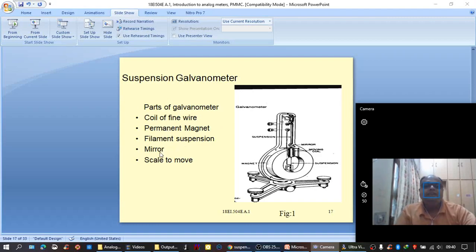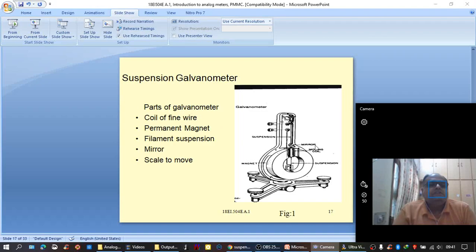And next, mirror. Here is the mirror. Mirror generally is used in measuring instruments to avoid parallax error. What is parallax error?